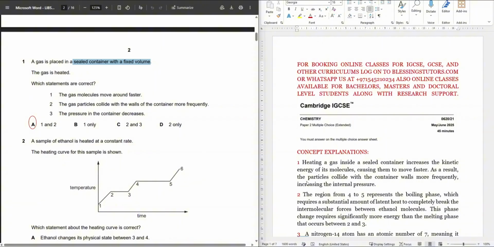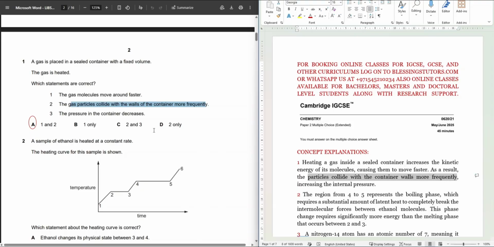As a result, the particles collide with the container walls more frequently, which increases the pressure as well. Hence, the best answer for us is that the gas molecules move faster, due to the sealed container and the increased kinetic energy of the molecules. And the second one is also correct, that the gas particles collide with the walls of the container more frequently, as mentioned here.